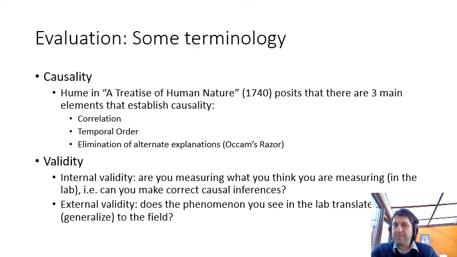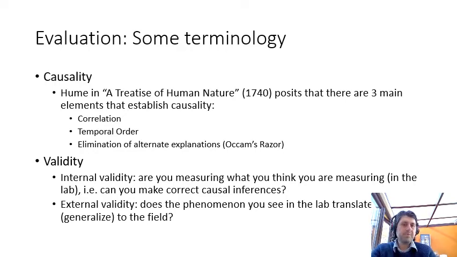Okay, so what you have to do is eliminate all possible alternative explanations except for the one that you are left with, right? So in order for A to cause B, you also have to eliminate C causing B, D causing B, and so on.